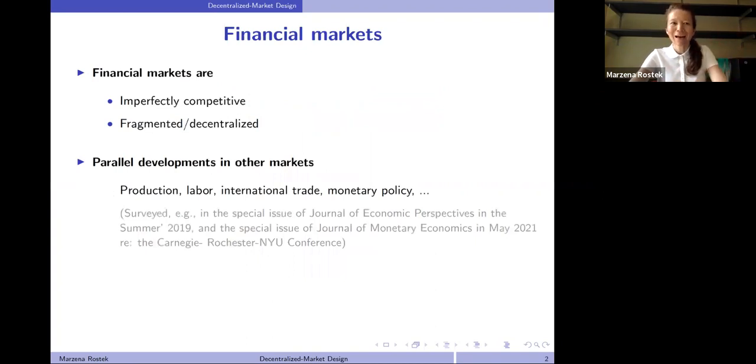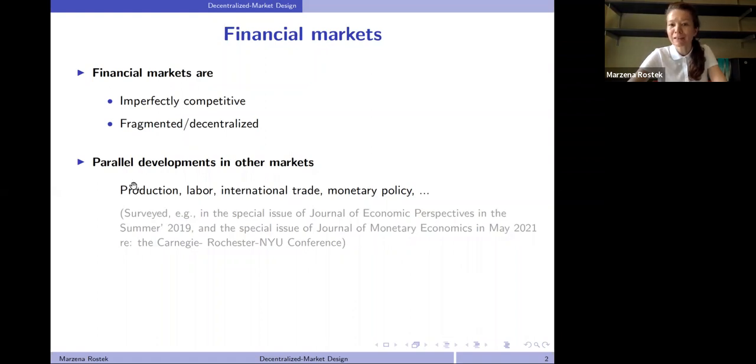Arguably, one of the most salient developments in financial market research in recent years has been all the work on financial market design, motivated by new data and new questions concerning market fragmentation and imperfect competition. We see parallel developments for other industries.